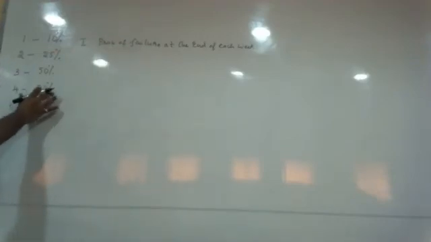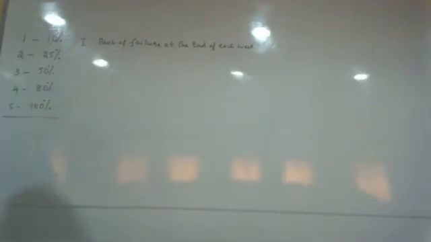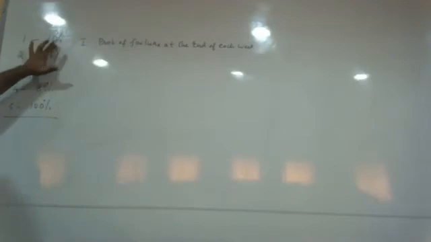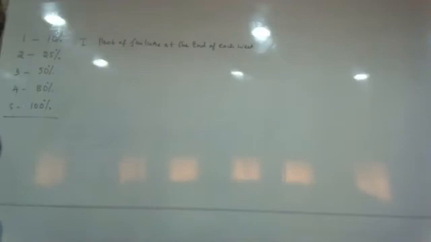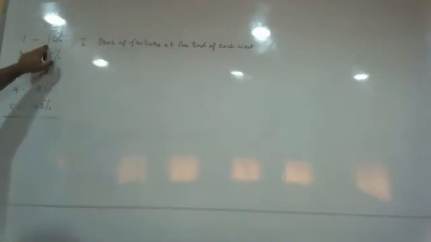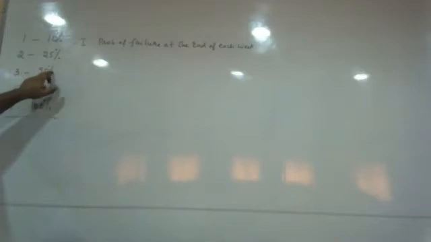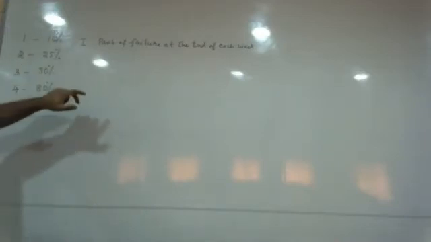Even if you look at the data, one very important observation is needed. What is that observation? In the first week 10% of bulbs fail. In the second week 25% fail, which means it also includes the failure of the first week. So all these are cumulative values. Please understand this. Do you understand? In the first week it is 10%. In the second week, 25% includes the first week's 10% also.